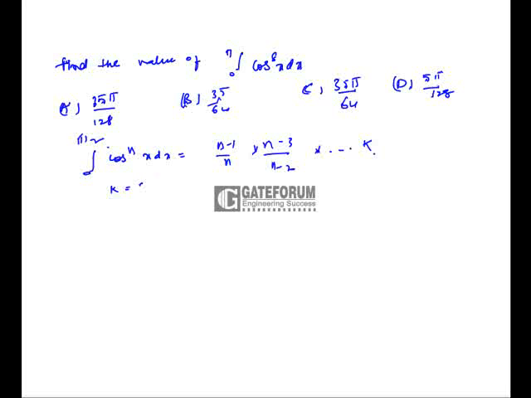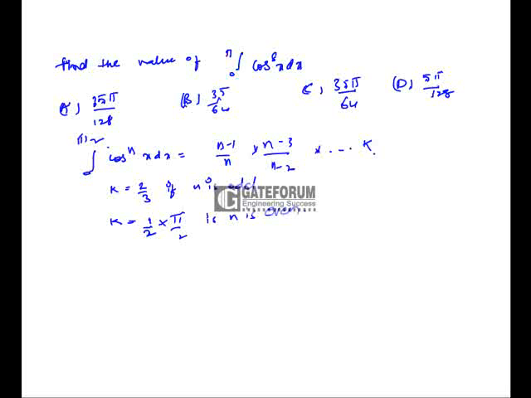K is equal to 2 by 3 if n is odd. It is equal to 1 by 2 into pi by 2 if n is even. Here n is 8, even.